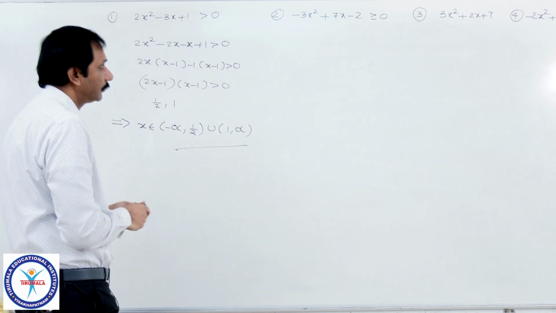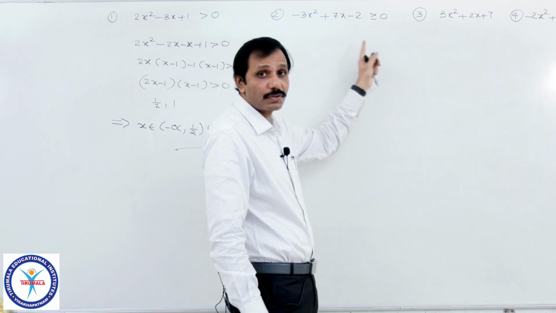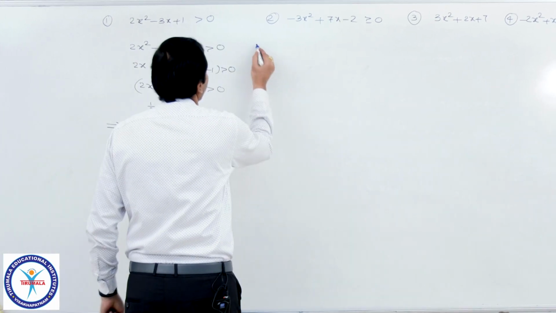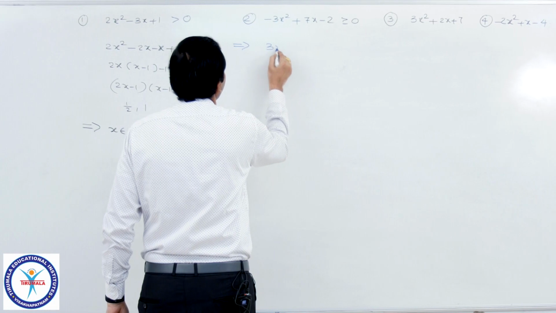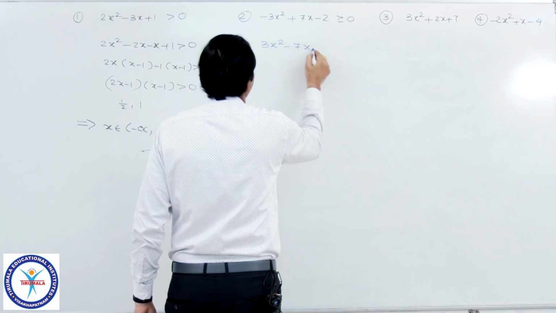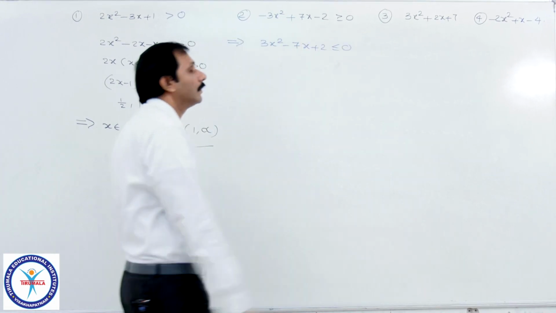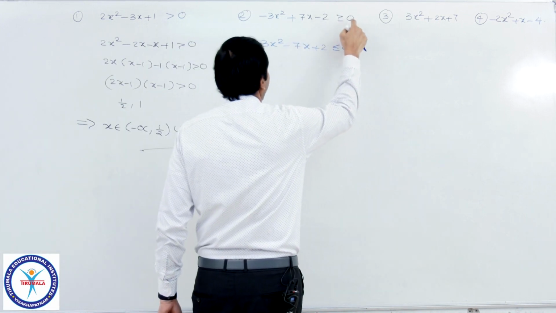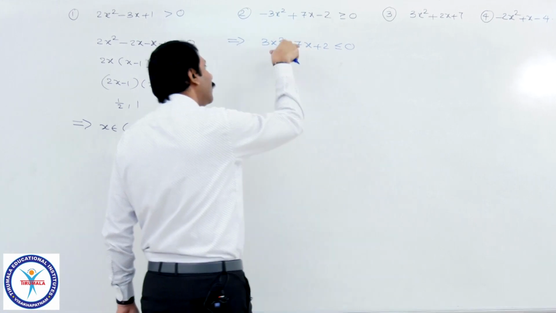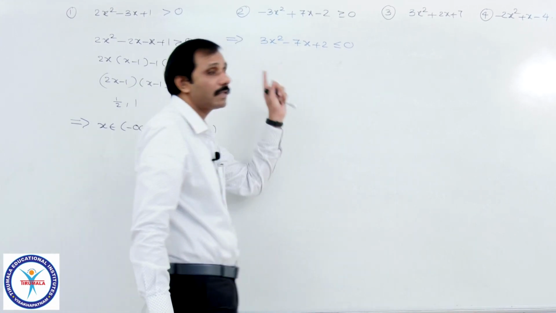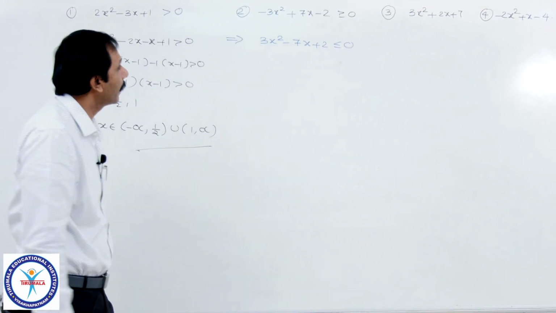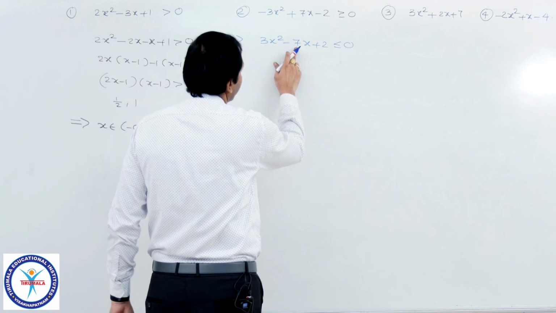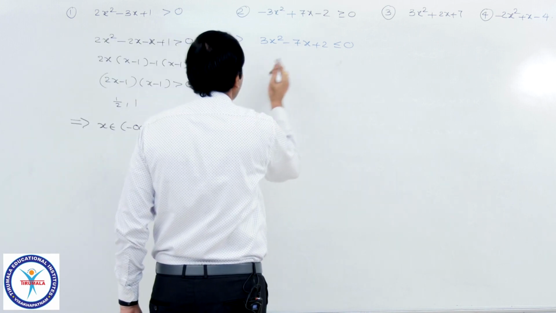And second one, minus 3x square plus 7x minus 2 greater than or equal to 0. I can write it as 3x square minus 7x plus 2 less than or equal to 0. The values of x for which it is greater than 0 are equivalent to values of x for which it is less than or equal to 0, because we are multiplying with a minus sign. Now check the discriminant b square minus 4ac, yes positive.